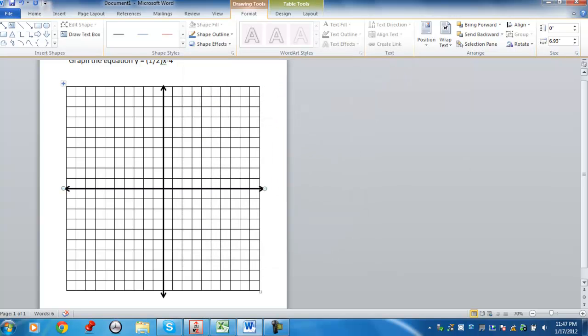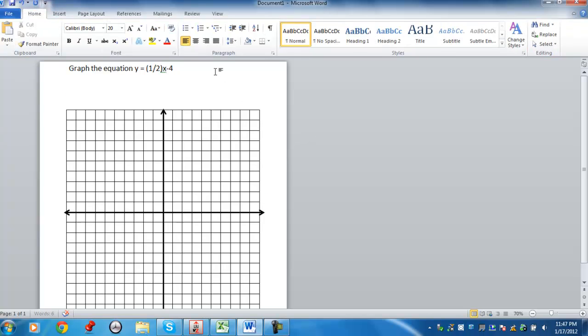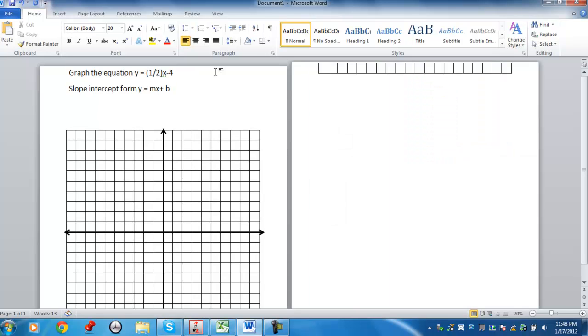This equation here is written in what's called slope-intercept form. Slope-intercept form is written as y equals mx plus b, where your slope is the m value.